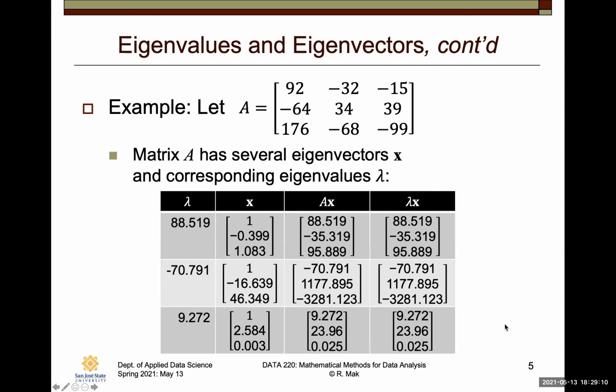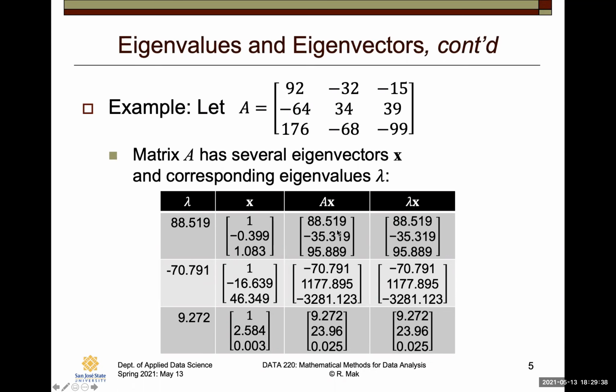Let me show you a more interesting example. All right, here's A. Now, we'll be able to find 3 eigenvectors, and each eigenvector, of course, has a corresponding eigenvalue. Here are the 3 eigenvectors, and corresponding to each one is the eigenvalue.